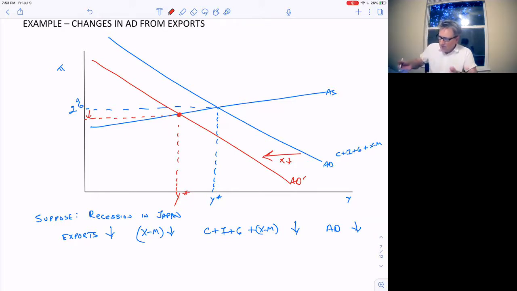So in this case, maybe the new Y star here is definitely now less than potential. Our GDP has dropped, maybe put us in a recession. So in this case, Japan has essentially exported their recession to us. We're all interconnected. What happens in Japan, what happens in Europe, affects our economy.